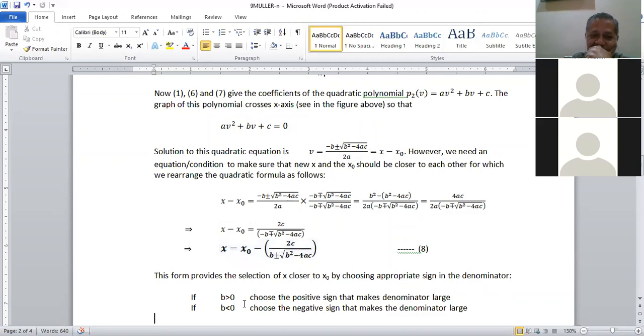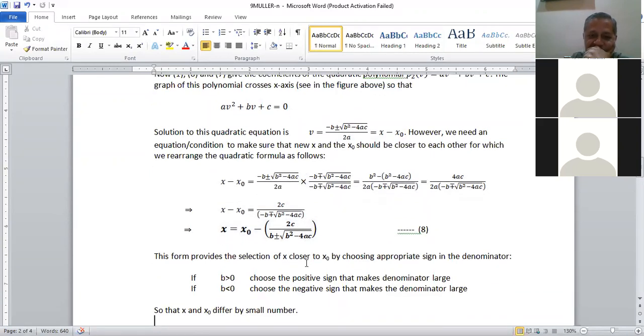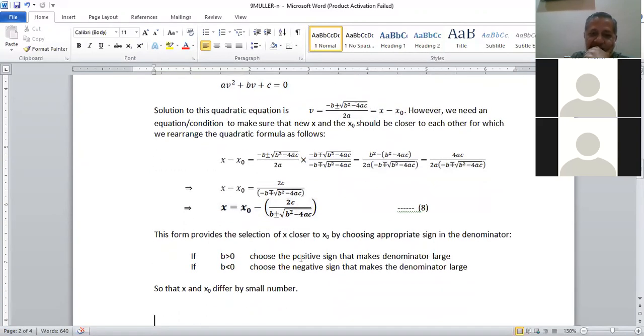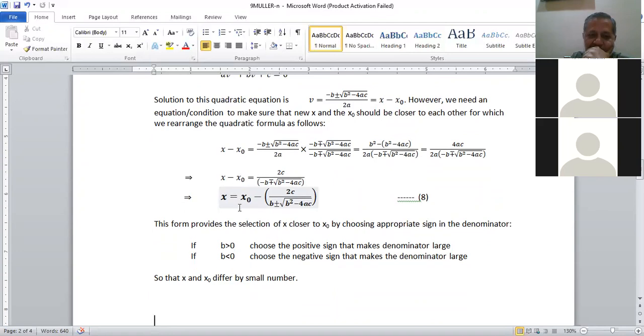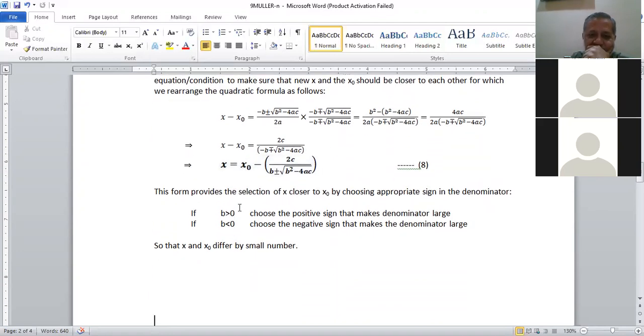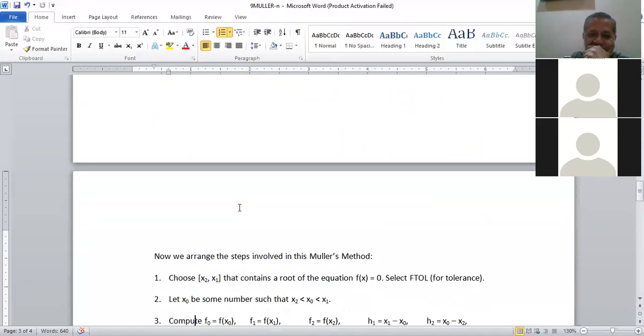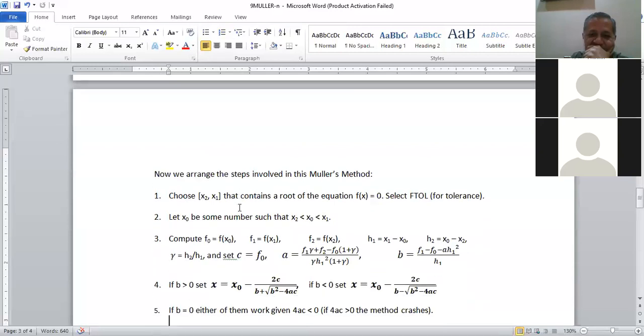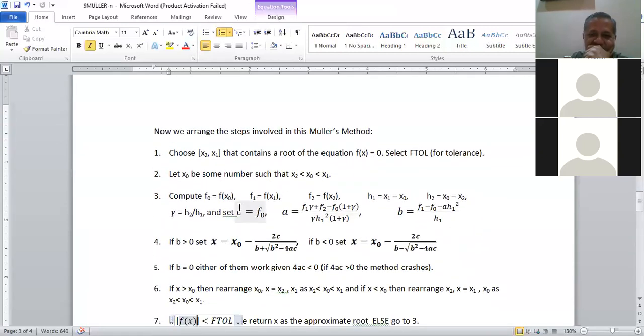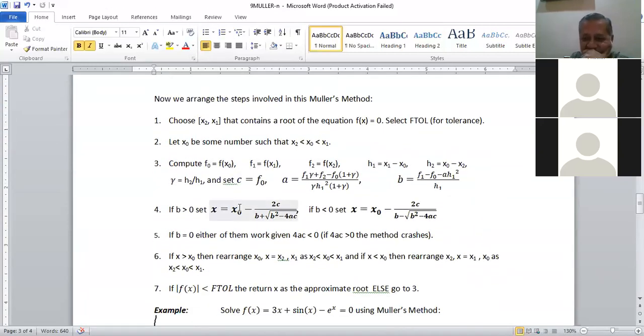So that is why that expression is converted into this, and that gives me a tool with the help of which I can keep x closer and closer to x naught, so that x and x naught differ by a small number. And then we arrange Mueller's method's steps that I had described last time.